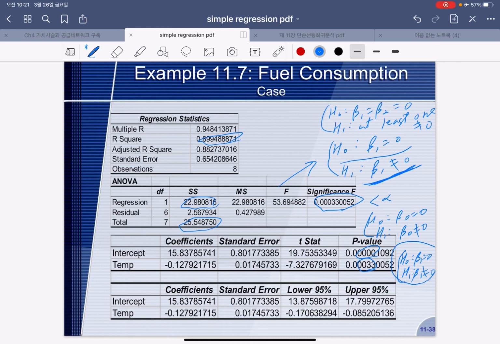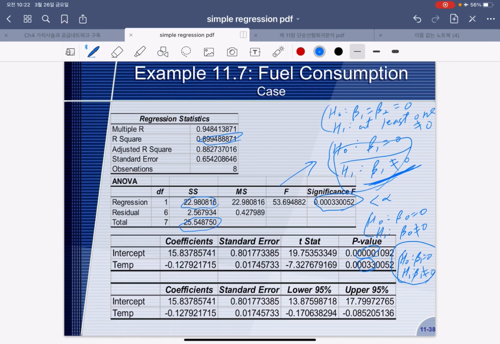This one is the same as this one. For the simple regression, the hypothesis for the slope is the same as the hypothesis for the ANOVA table, the overall model, because we have only one independent variable.